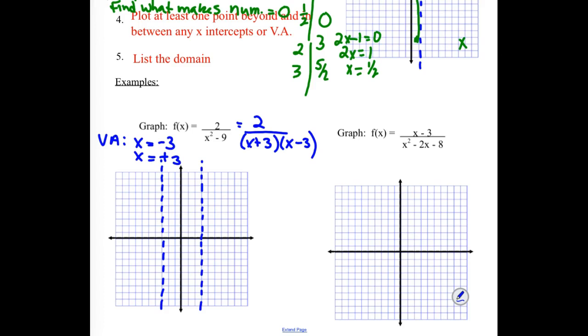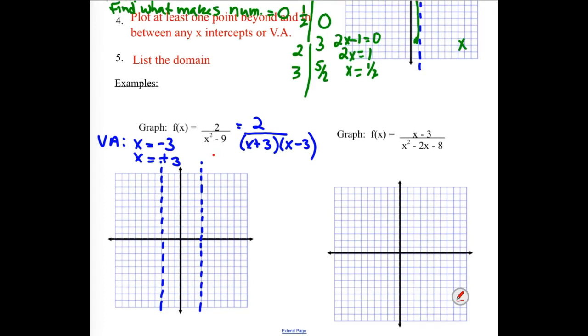What about horizontal asymptote? What can you tell me? Top degree is smaller, right? Degree on top is 0, degree on the bottom is 2. So when the top is smaller, we have a horizontal asymptote at, make sure you put it as an equation, y equals 0.